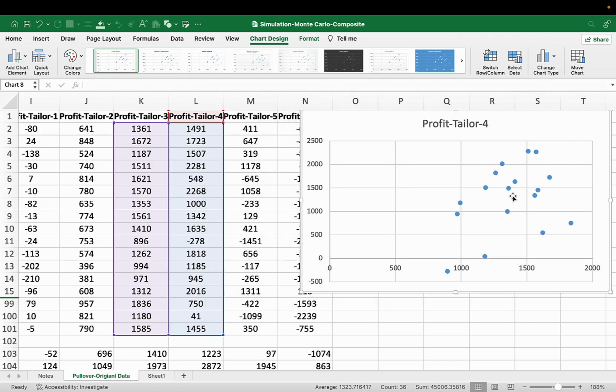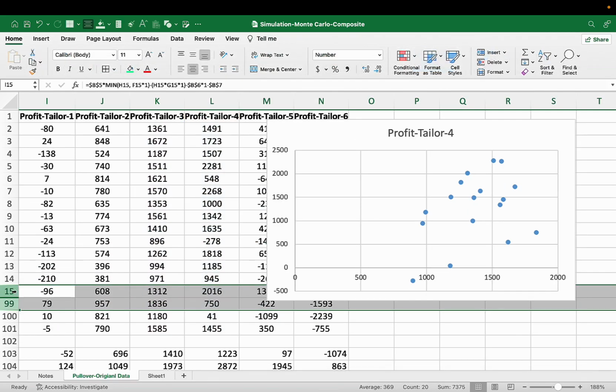As you can see here, there are only very few points, because the rows that are hidden are not being displayed here. So for this one, we need to unhide those rows. This is how you hide and unhide.